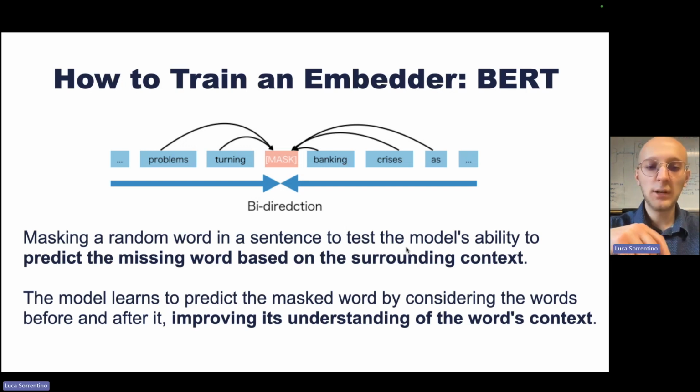So the model will look at the surrounding context, all the words before and after, and will try to guess what the removed words were. In order to solve this task, the model will start to create a mental model of the meaning of the removed word just by looking at the surrounding context.